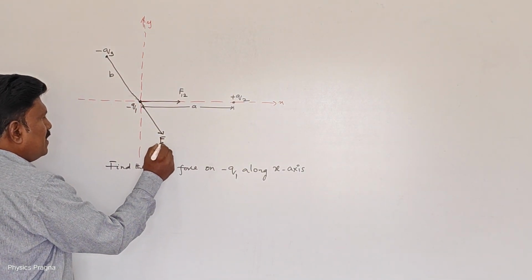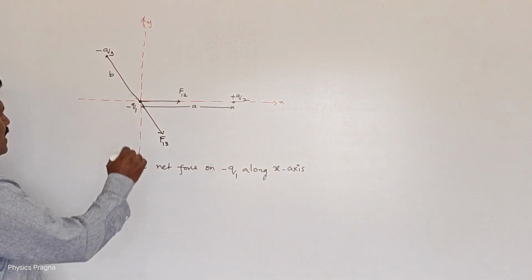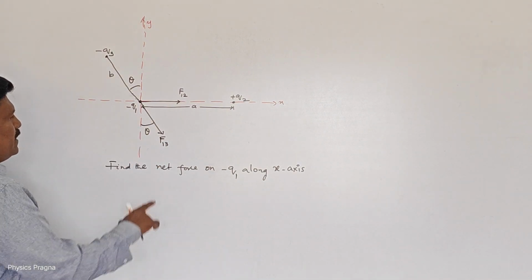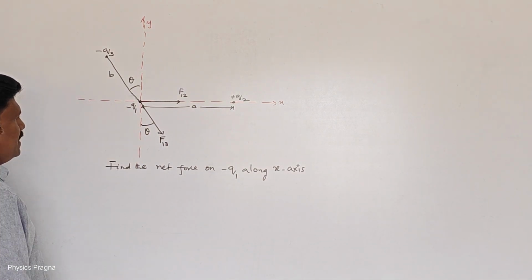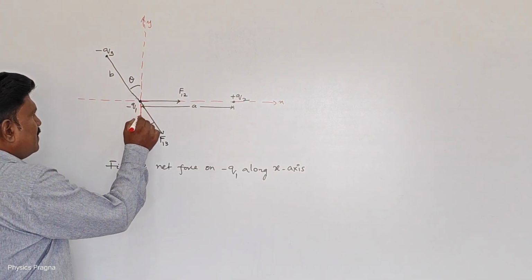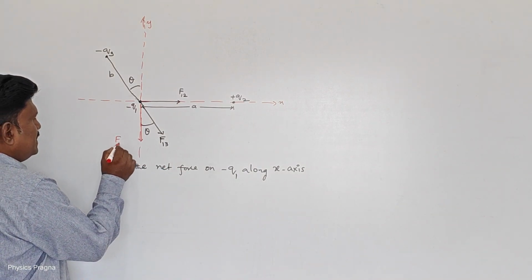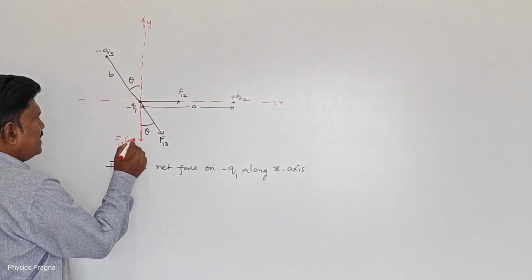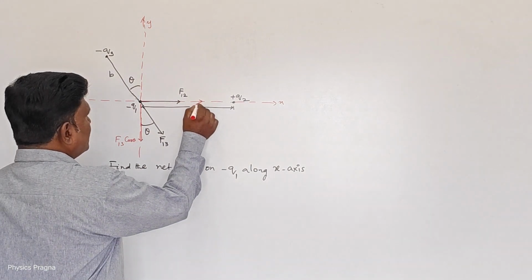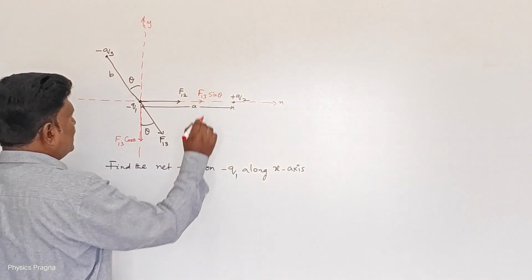This is the force on the first charge due to the third charge. These two angles are equal. If we take the components of F13, this is F13 cos theta, because it is adjacent, and this is F13 sin theta.